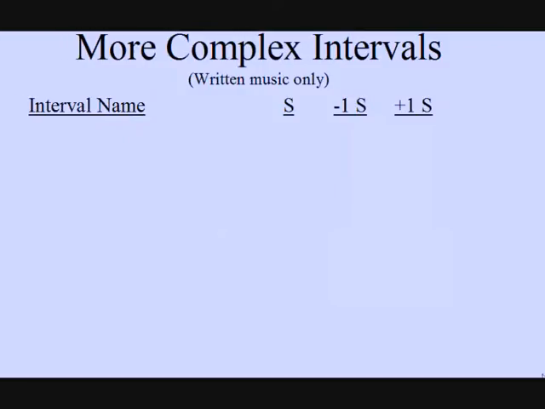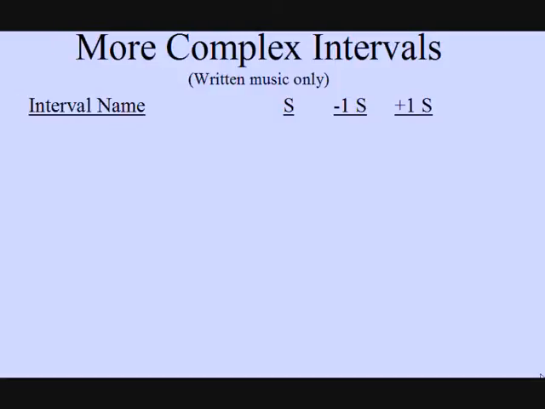Now we must say that these alterations of the intervals are applicable to written music only, in the sense that from the oral point of view, a diminished third, for example, as we said before, will actually sound like a major second, and a diminished sixth is going to sound like an actual fifth.